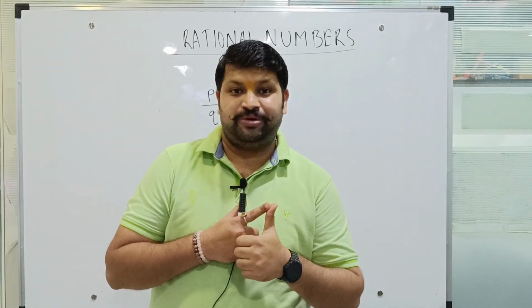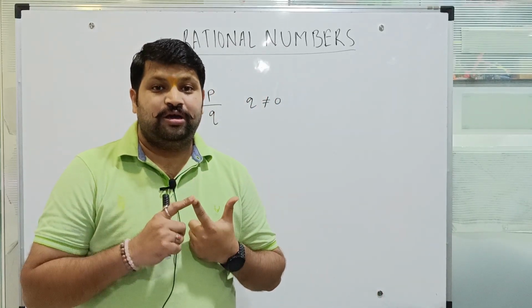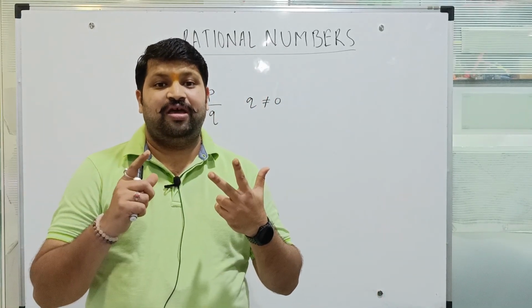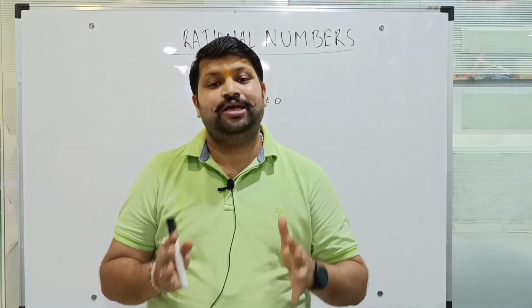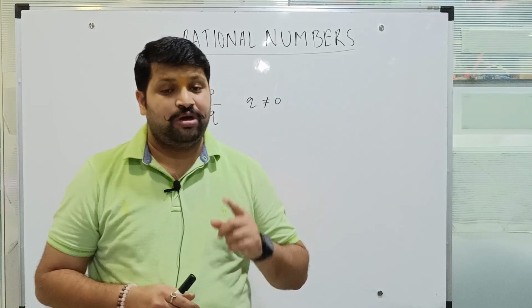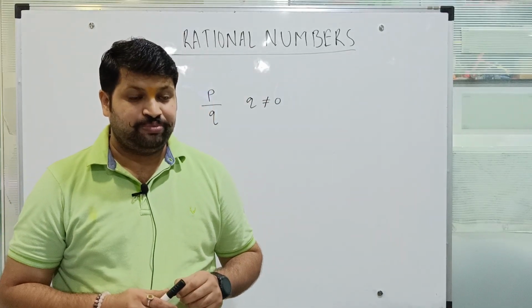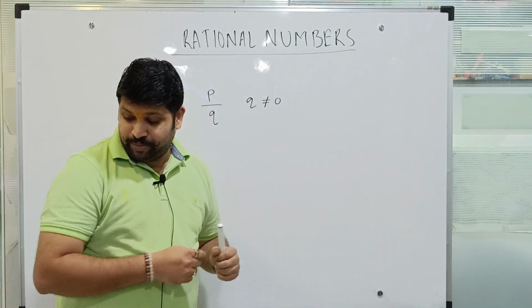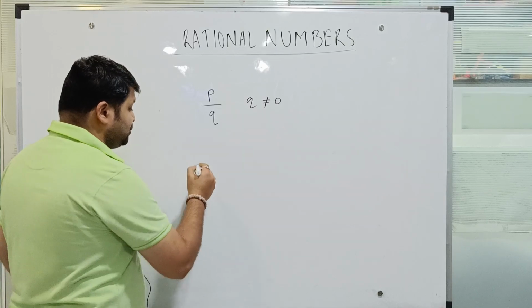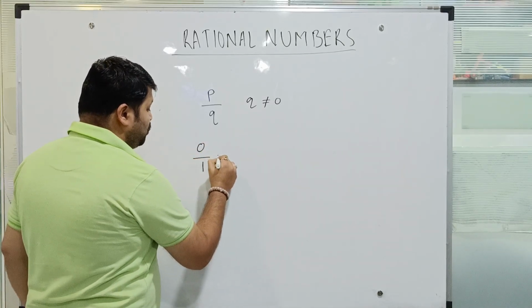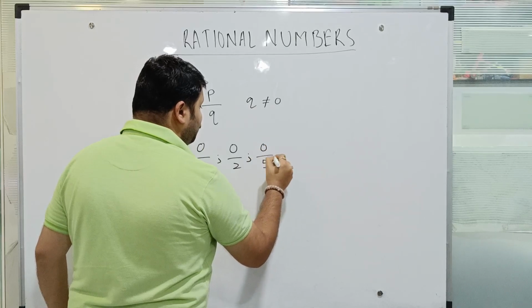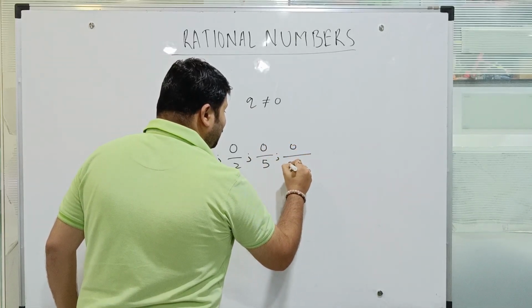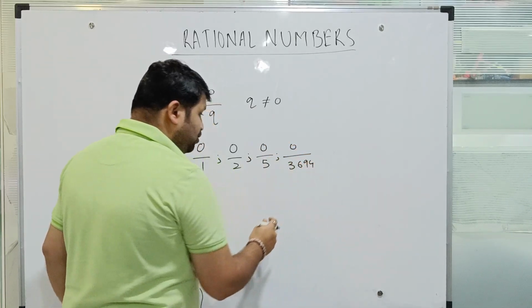Every natural number, every whole number, every integer, and every fraction is a rational number, including 0, because 0 can also be written in this form. I can write it as say 0 upon 1 or 0 upon 2 or 0 upon 5 or 0 upon 3694.